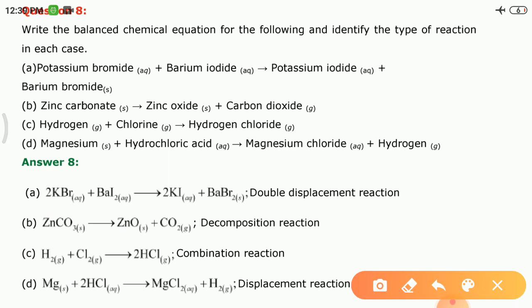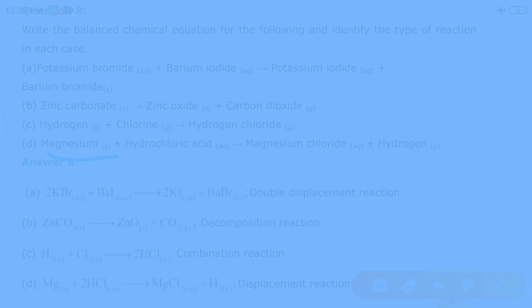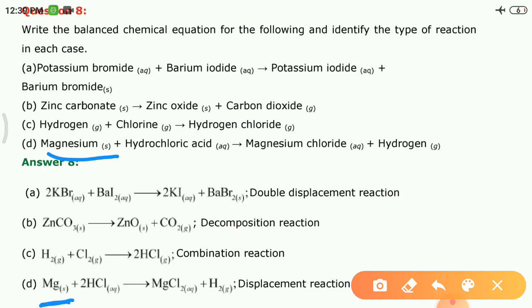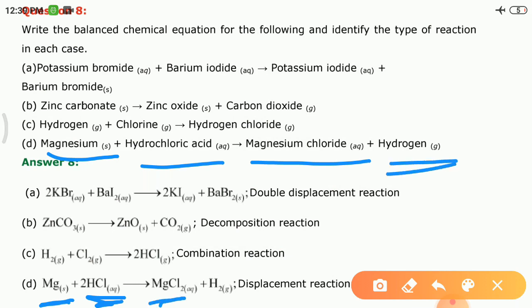(d) is magnesium solid. Magnesium is Mg plus hydrochloric acid aq, this is HCl aq. It will give magnesium chloride MgCl2 plus hydrogen gas. As I told you earlier, whenever it is metal plus acid, it will give salt plus hydrogen gas.